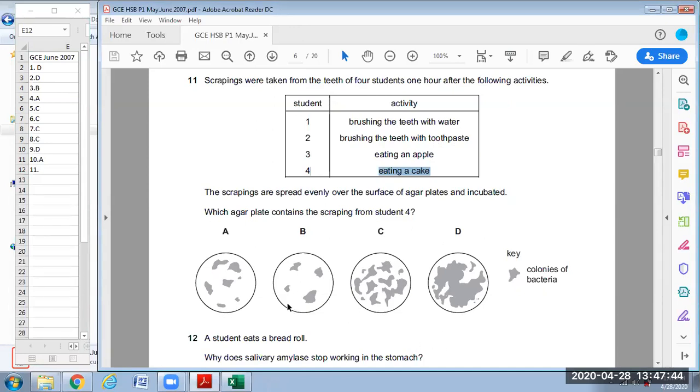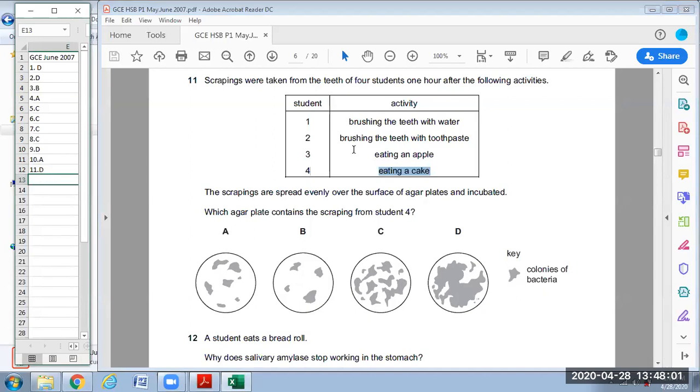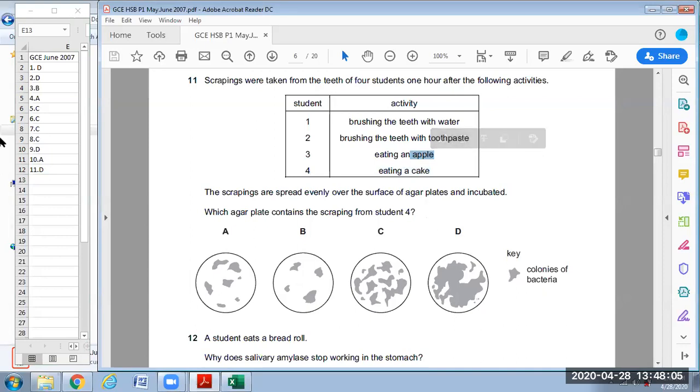Would it not have bacteria? It's either D or C. D, because cake has a lot of sugar and bacteria love sugar. So 11 is D. Bacteria don't really like apples, all right? So the best answer is D.